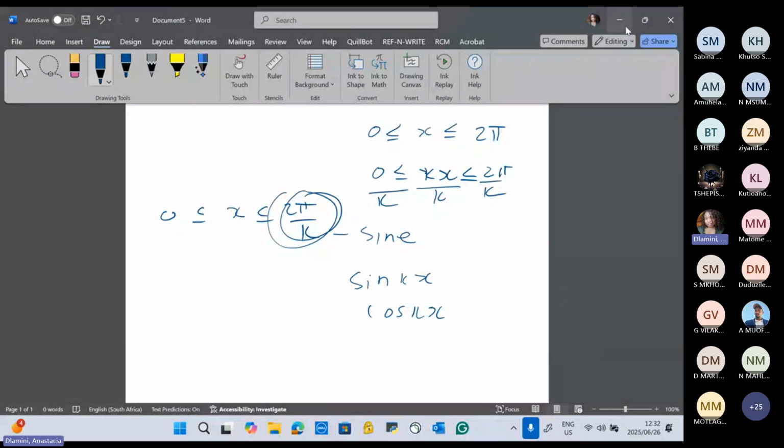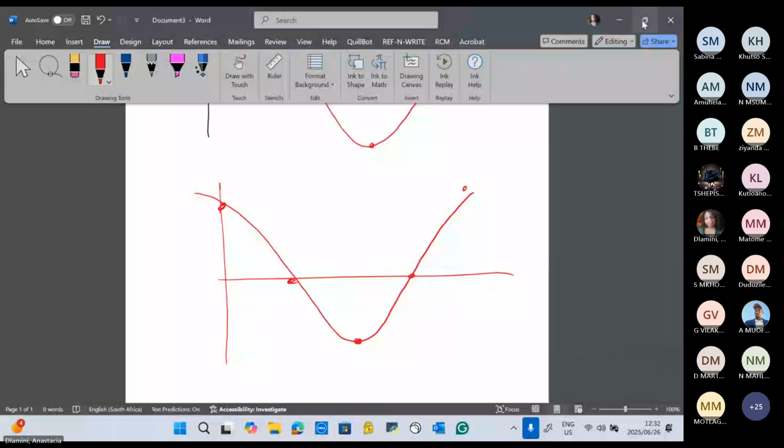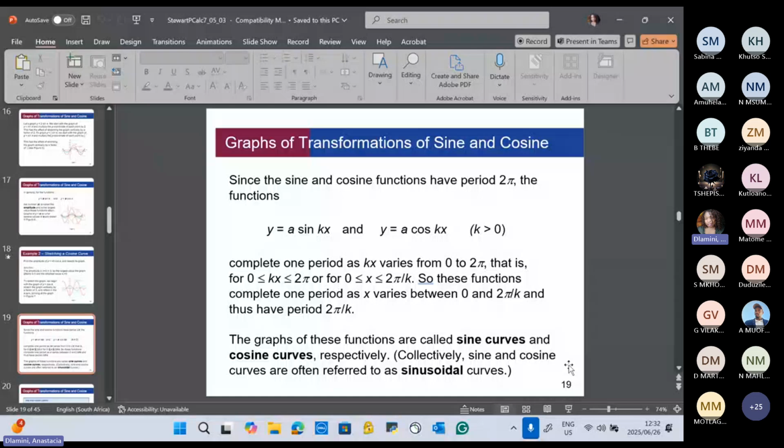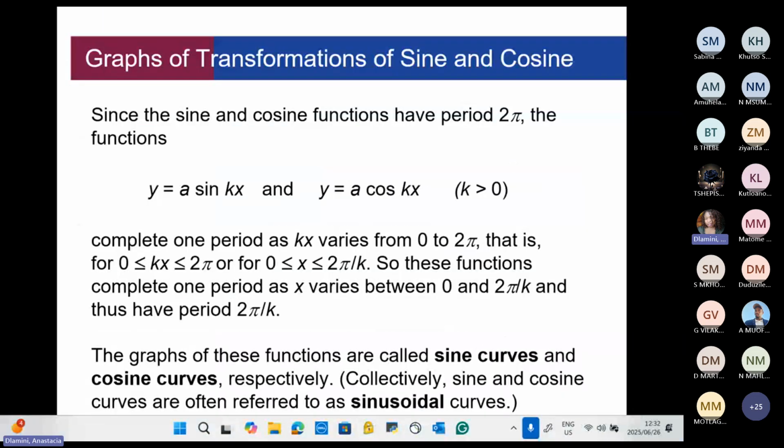So let's go to our notes then. Okay, fine. Since the sine and the cosine function have a period of 2 pi, the functions y equals a sin kx and y equals a cos kx, where k should be positive, have one complete period as kx varies between 0 and 2 pi. That means the period will now be 2 pi over k.